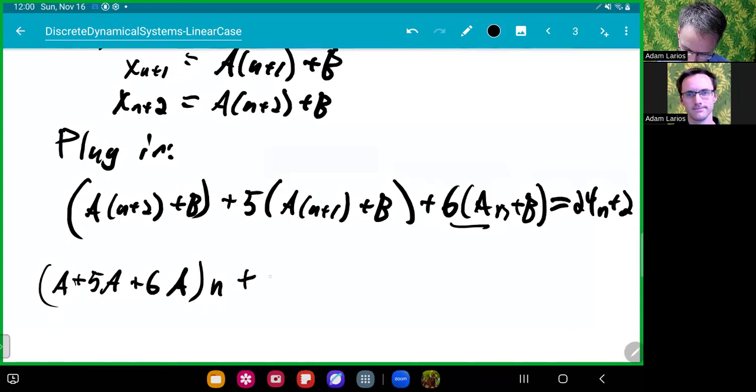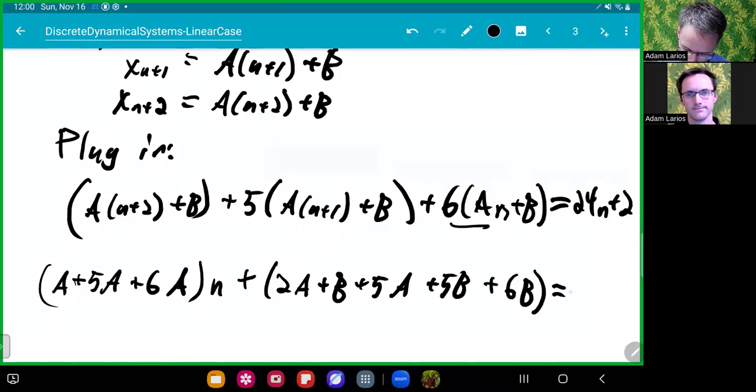And then for the constant terms, don't forget this one, we have 2 times a and then plus b. Here we have 5a and then plus 5b and then plus 6b. And again, all that is supposed to equal 24n + 2.